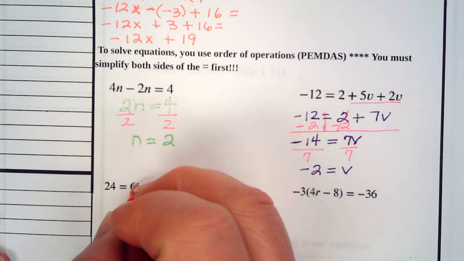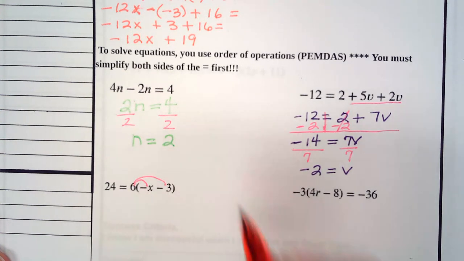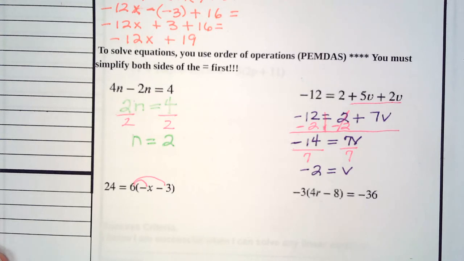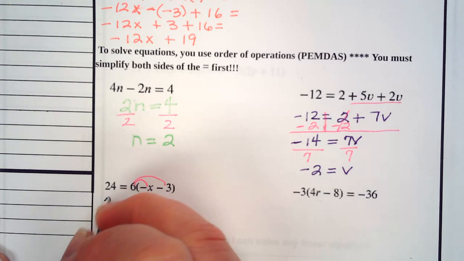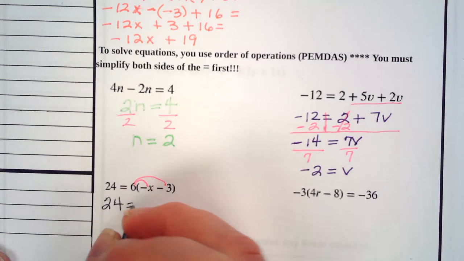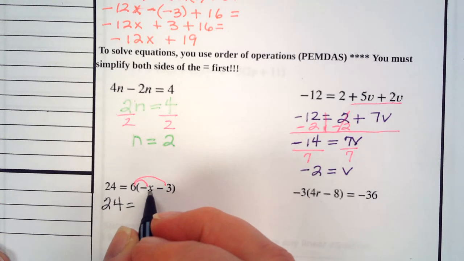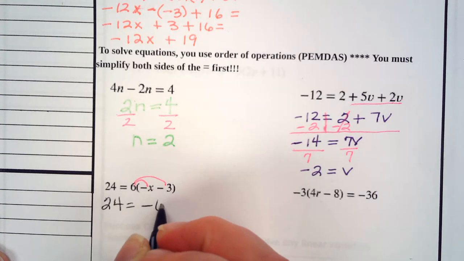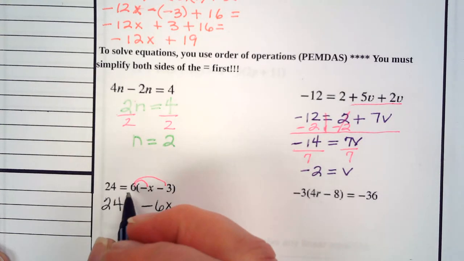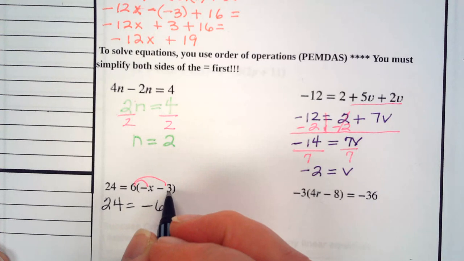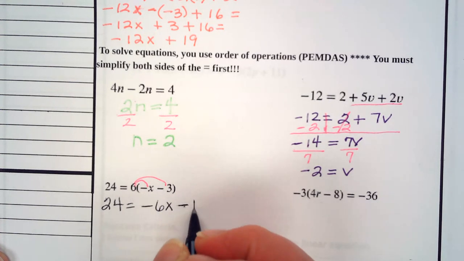Start by drawing your arcs to both of them. Now, see if you can distribute correctly. Well, I do hope you tried. So 24 doesn't change. 6 times negative x, negative 6x. 6 times negative 3 is negative 18.